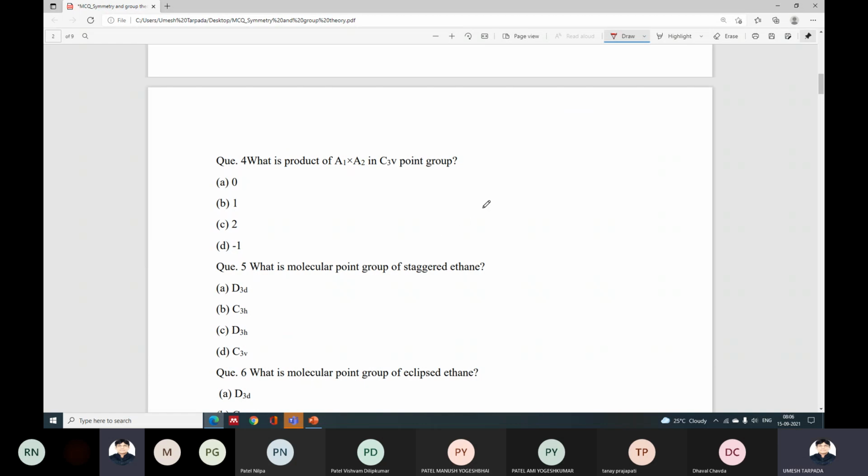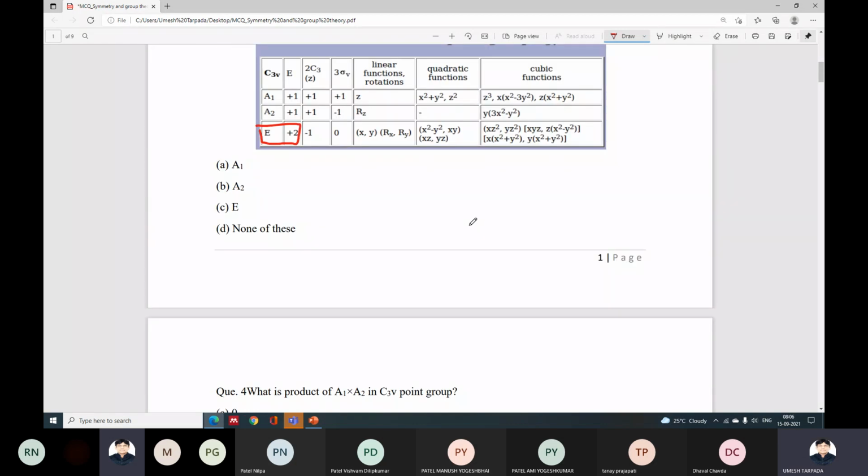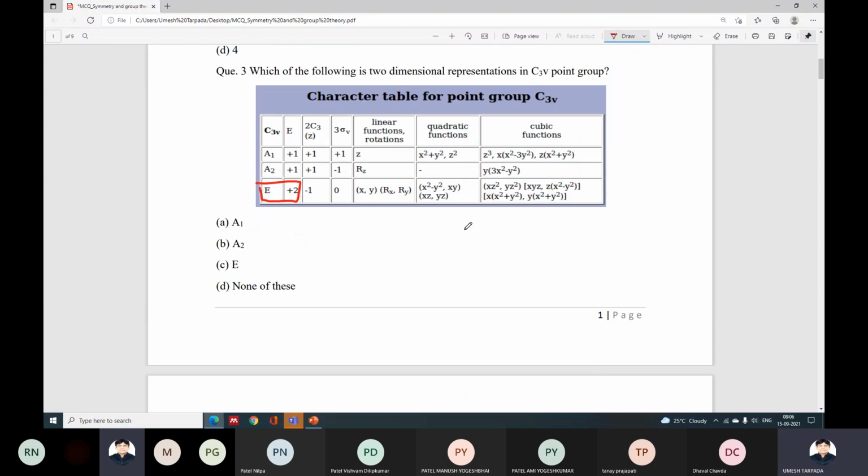What is the direct product A1 cross A2 in the C3v point group? We use the character table for A1 cross A2. 1 1, 1 -1, that is -1.